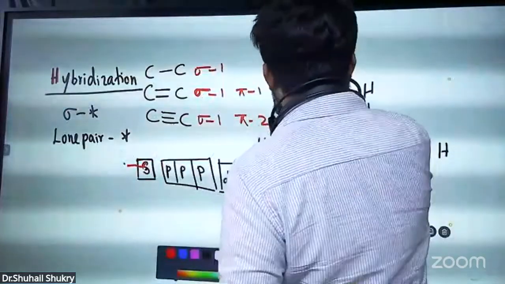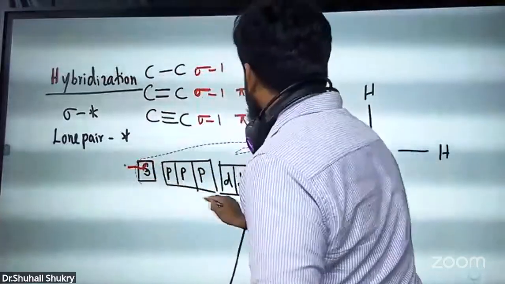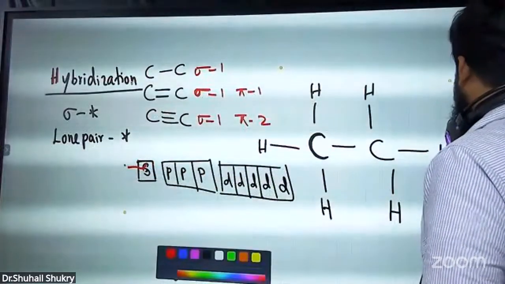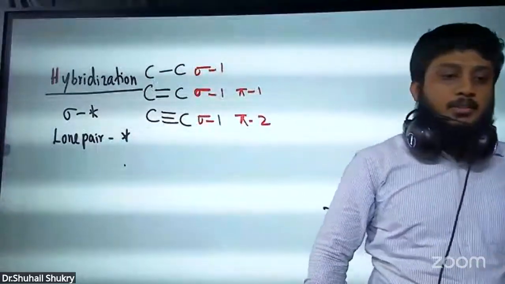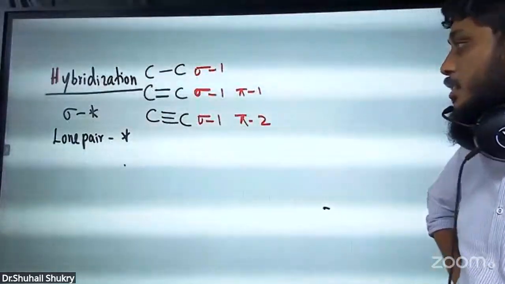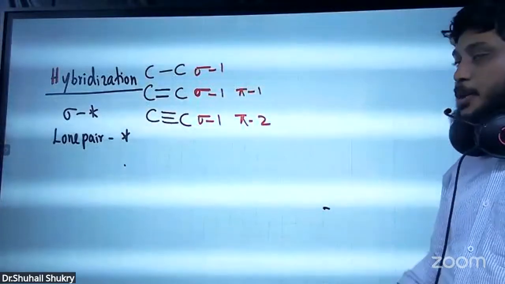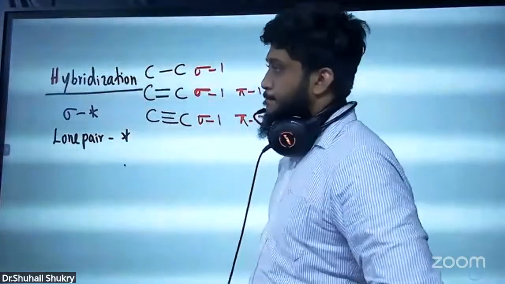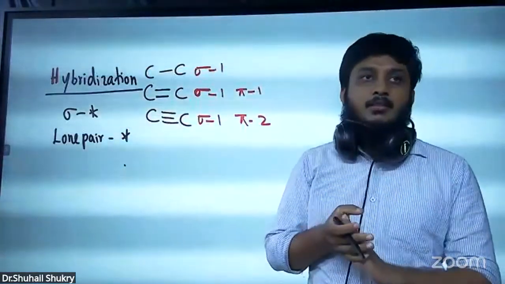Hybridization is checked by sigma bonds and by lone pairs. Then what is a sigma bond, what is a pi bond, just have an idea. Last week we explained this in detail, so you can check that if you want.